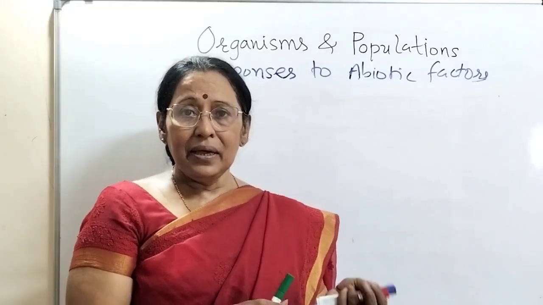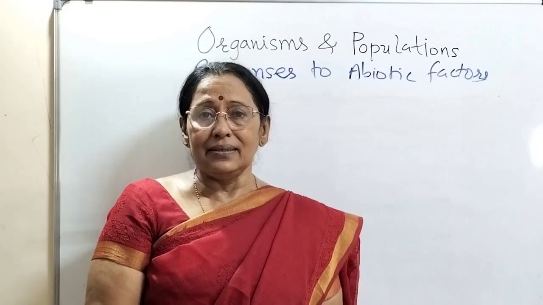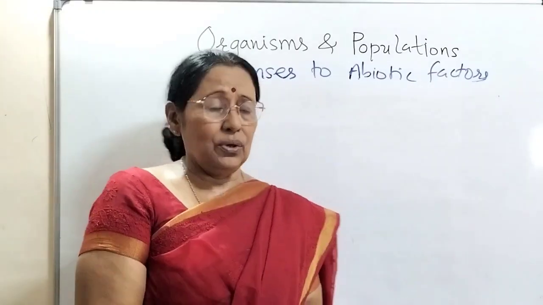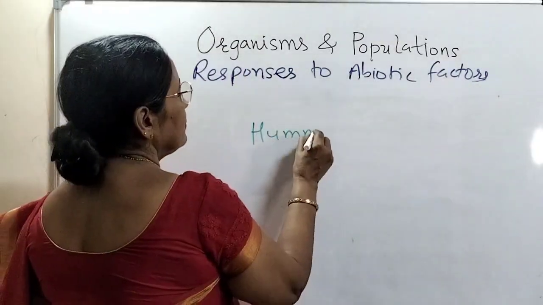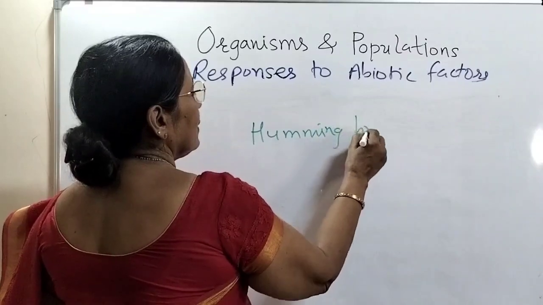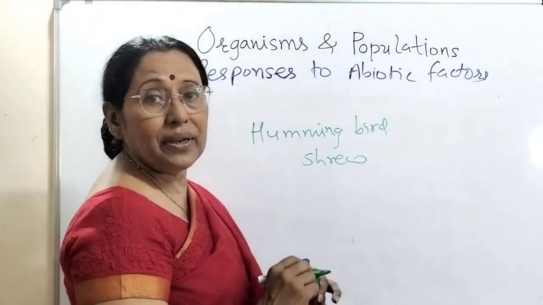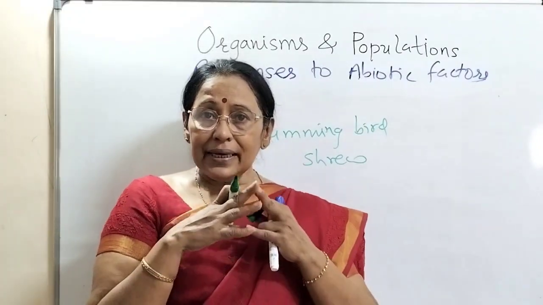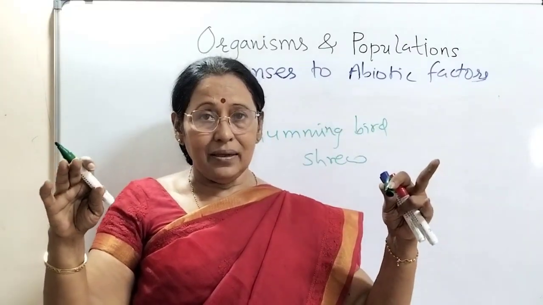We will see why very small organisms like hummingbirds and shrews are not found in polar regions, very cold regions. Why are they not found in very cold regions? The reason is that heat loss is a function of surface area.